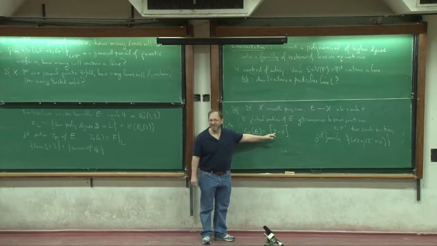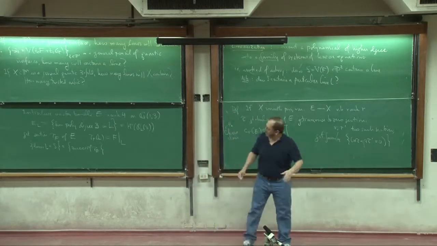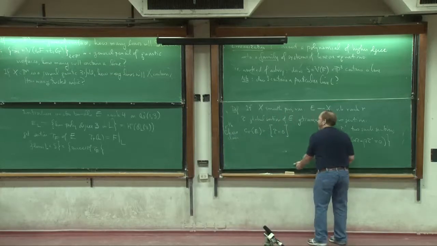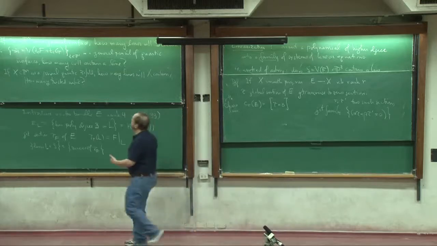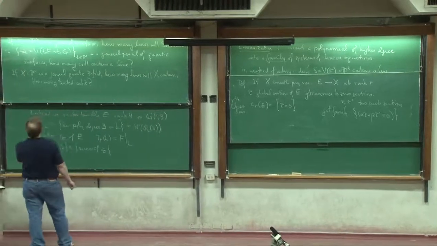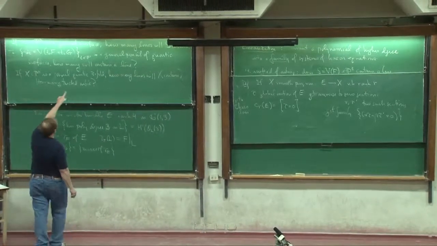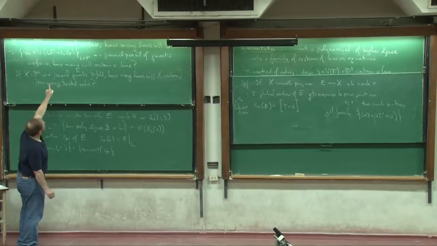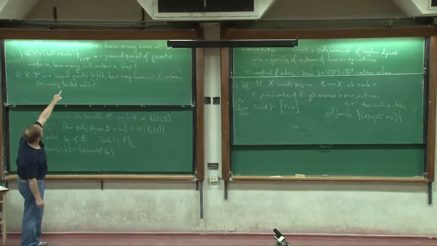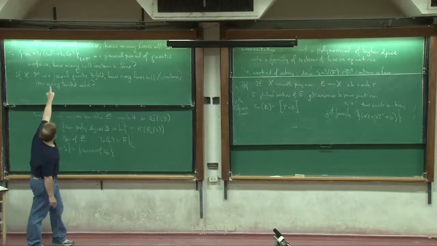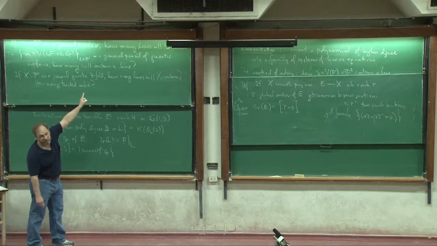Okay? And now, for reasons dictated by use, if you think about how to set up that problem, how many elements of a general pencil of quartic surfaces have lines?